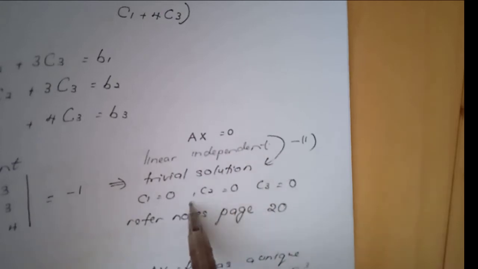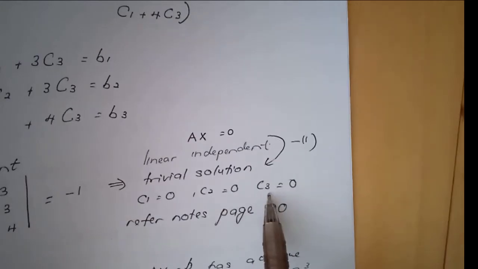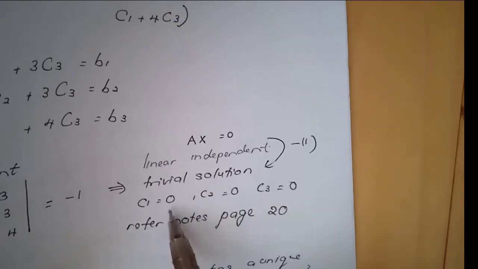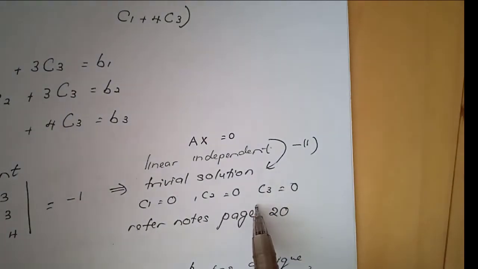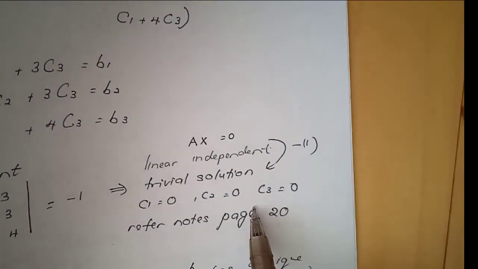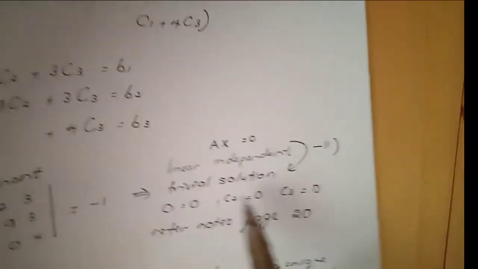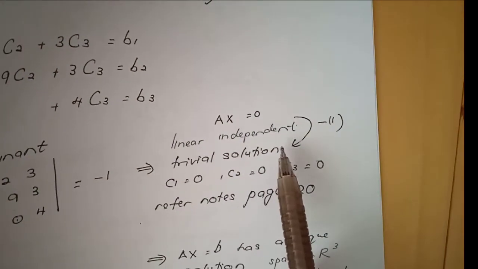That means all solutions of C1, C2 and C3 become 0. Okay, so since all the solutions for C1, C2 and C3 are 0, it means that V1, V2, V3 is linearly independent.